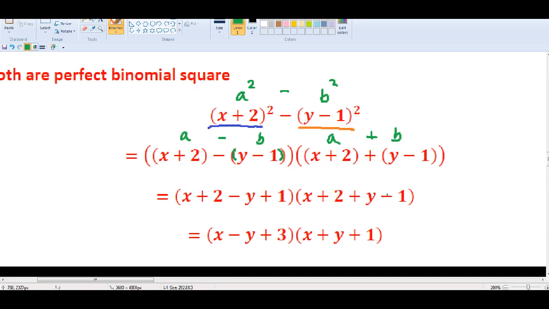This time you don't change sign because this is a plus in front of the bracket, and you will get the answer, right? So even if there are two brackets, still imagine that as a squared minus b squared. That's what algebra is all about. Algebra is about generalization. You need to think about things in an abstract way. So when you've got a square with two terms, sometimes you can view this as just one single square.